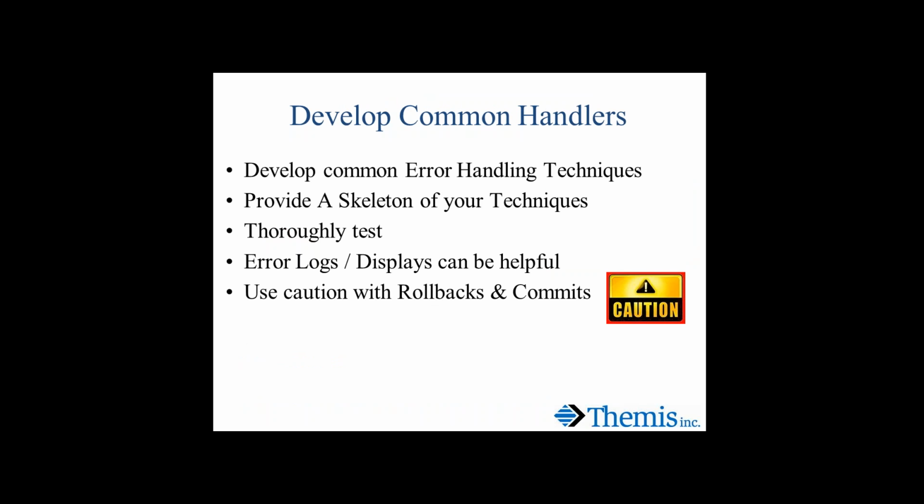Now, I want you to make sure you know you need to develop common error handling techniques. Provide a skeleton of your technique. You need to make sure these techniques are thoroughly tested. You want to set up some kind of an error log or display for helpful debugging, and be very, very cautious of issuing rollbacks and commits within the process.